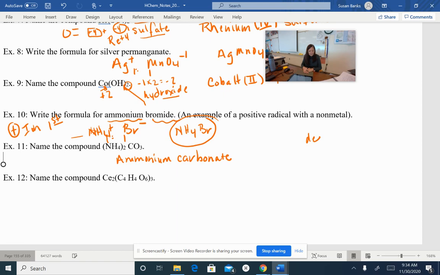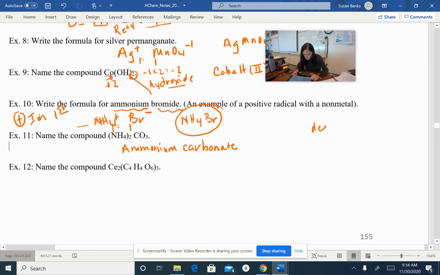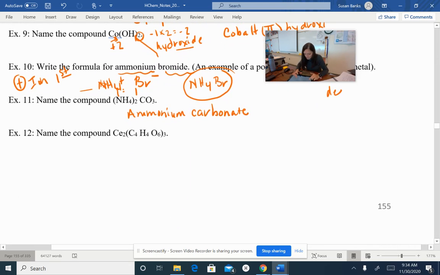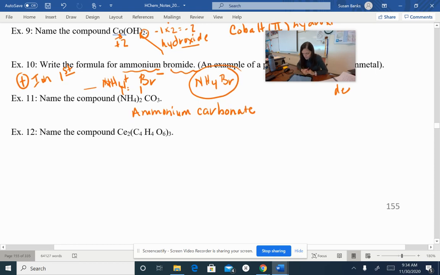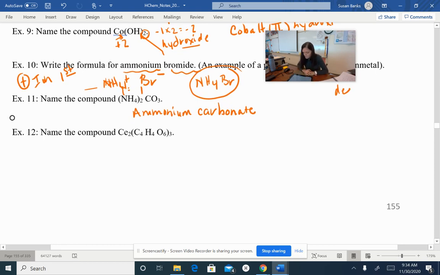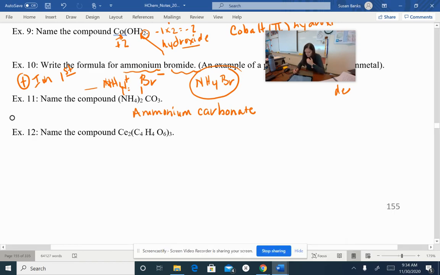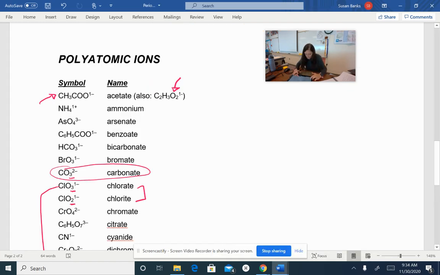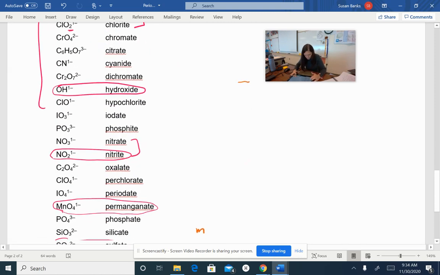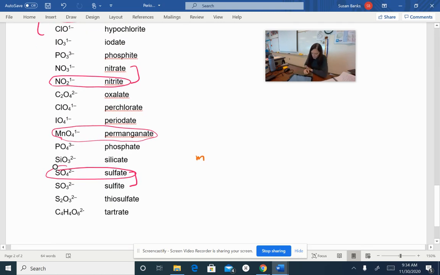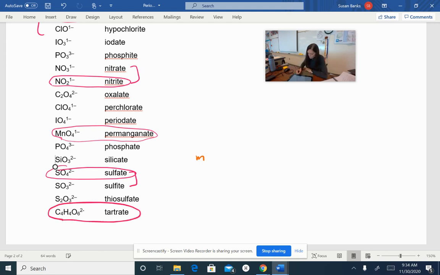Okay? Example 12. Ooh, we have cerium. Cerium is definitely a transition metal. So we're going to have to look at what cerium is bound to. So C4H4O6, it's tartrate, and it's a -2.